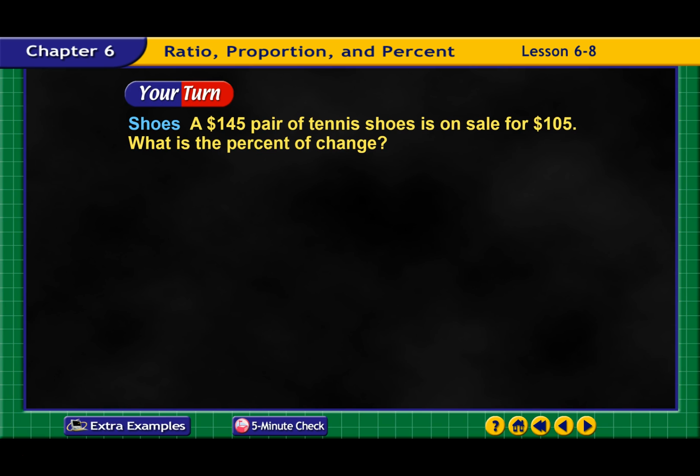All right, you try. Go. All right, so my new price is 105. I'm going to subtract 145, and I'm going to put that over 145, I think. Yep, that'll still work.